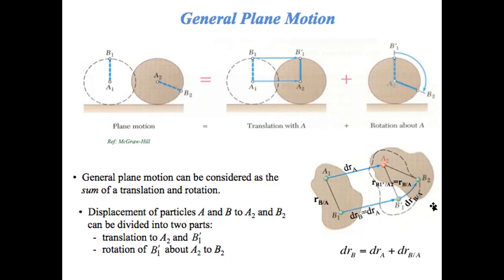From vector addition, we know that the displacement of particle B from B1 to B2 is dr_A plus dr_B/A. And this is the equation.